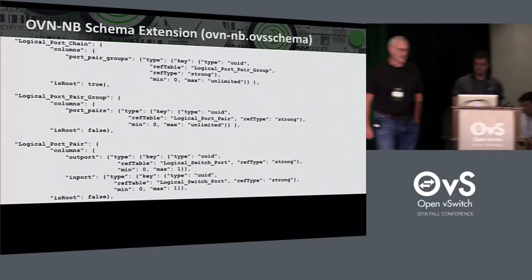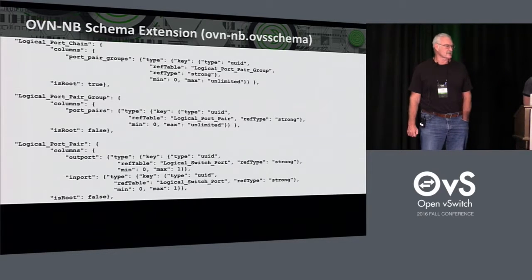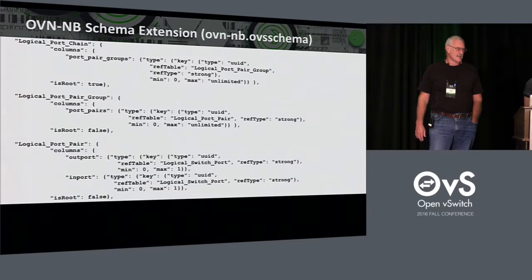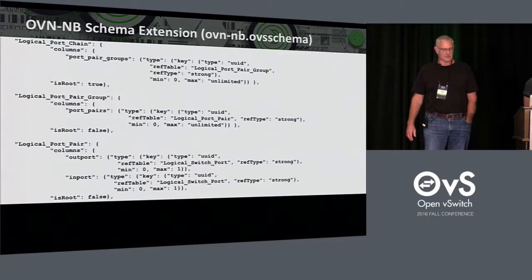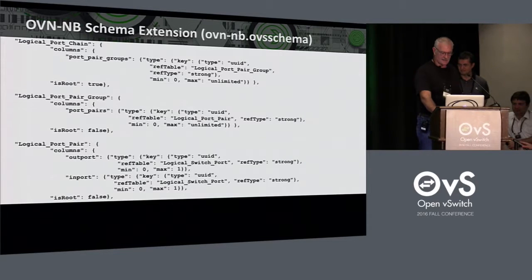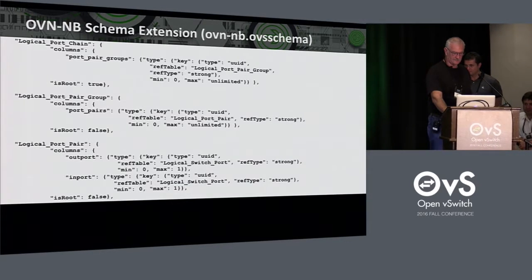To dive into more detail, this is the actual schema that we've extended. Based on the previous diagram, we've added the logical port chains, the logical port pair groups, and the logical port pairs. For the logical port pairs, we have an ingress in-port and an out-port, which reference a logical switch port, and the others reference the port pairs.